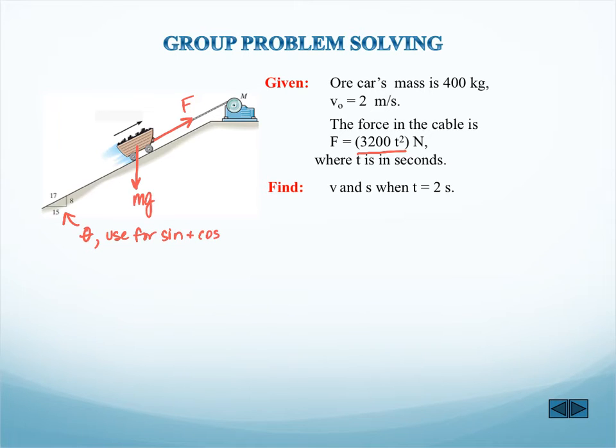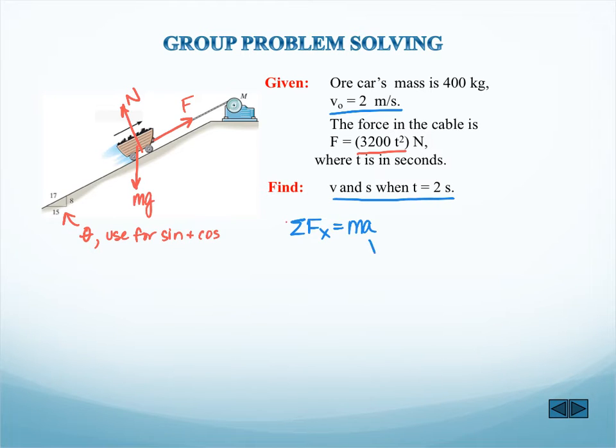And we also have a normal force we don't want to forget. But if we looked at the forces in the x direction and set them equal to mass times acceleration, what they're giving us is information to figure out, we're given the v naught, and we want to find the velocity and position when t equals 2.